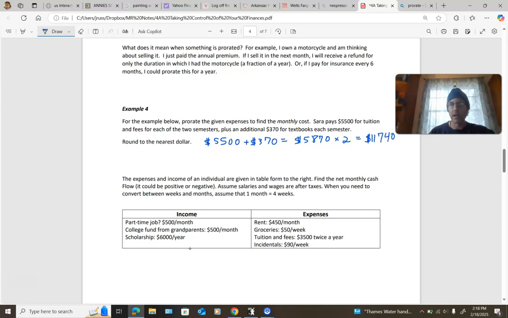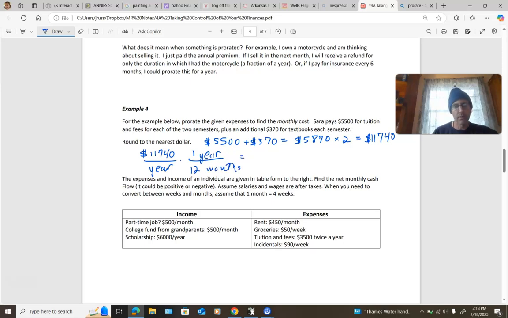Then we'll divide this by 12 because there are 12 months in a year. I'll set it up like a unit conversion: $11,740 per year, and we know that in 1 year there are 12 months.